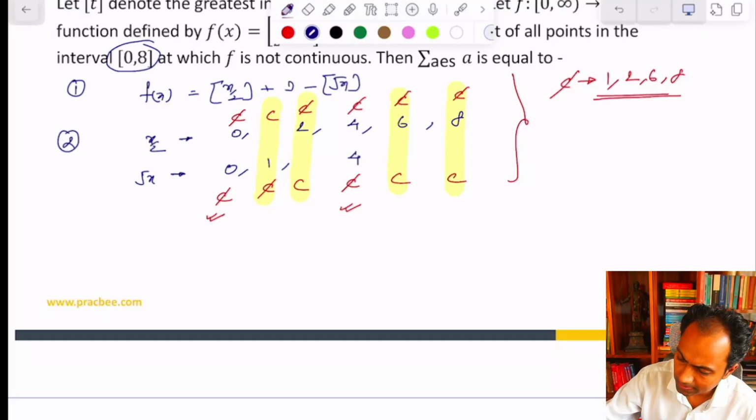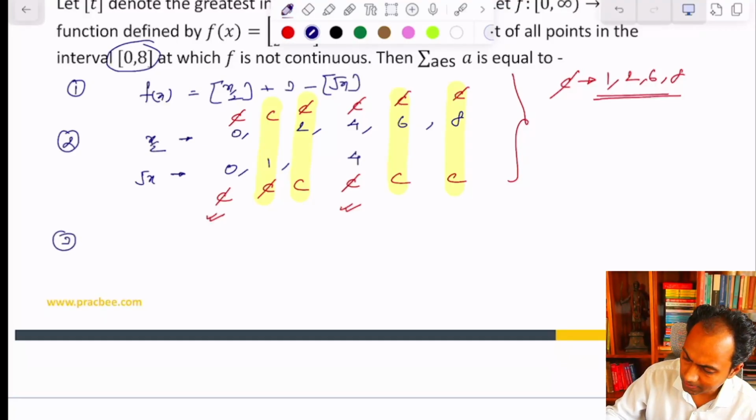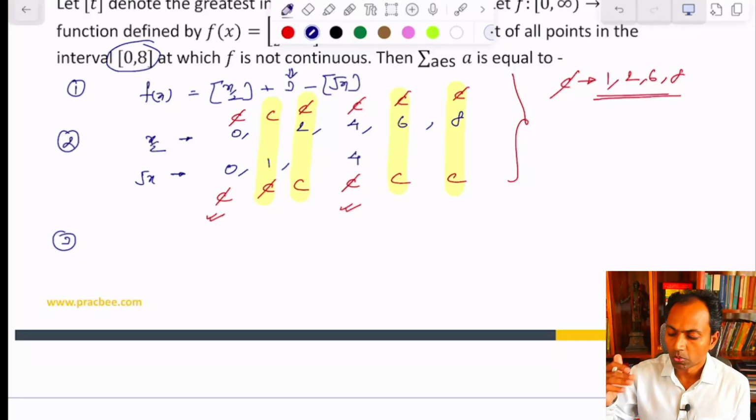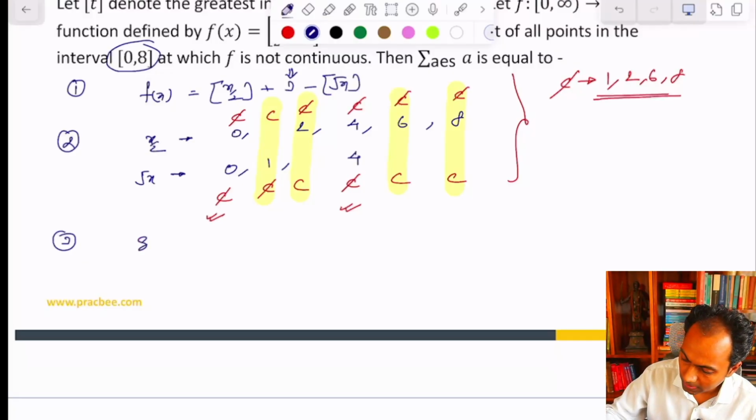Now for doing that, we will analyze another function. We know that this 3 will have no impact in terms of discontinuity because it will just shift the graph above, and hence we will analyze another function that is simpler in nature, that is g(x), that is x by 2 ka GIF minus root of x ka GIF. And this can be easily interpreted.